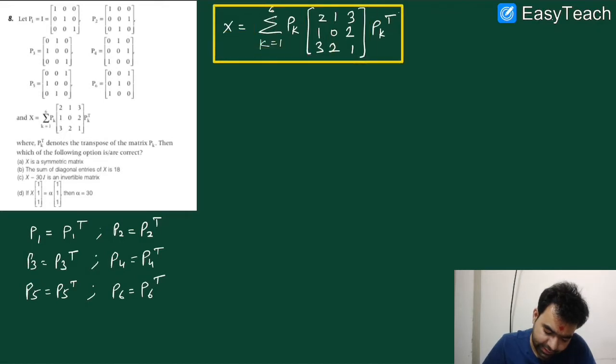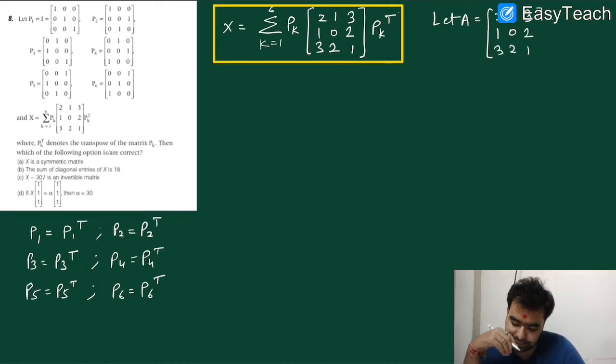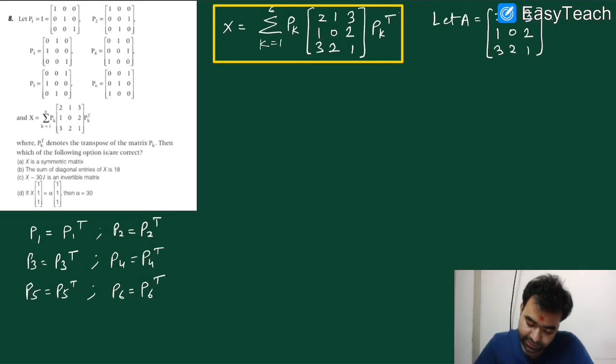Let us consider that matrix as A. So let A be equal to 213102321. Now if I observe carefully, then A transpose is again the same as A. So I can say A and A transpose are both equal. So this information is given.